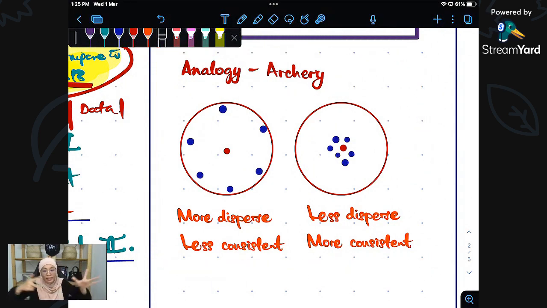Okay, so bila kita memanah, kalau kita tak berapa pro, kita akan panah scattered lah. Maybe outside of the box, outside of this papan bulatan ni. Or maybe it's very far from the middle point. Therefore, we call this more dispersed and less consistent.